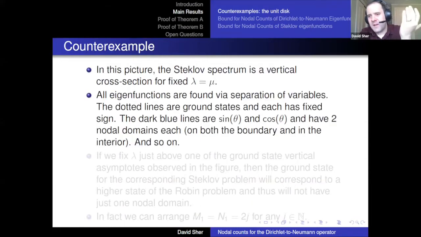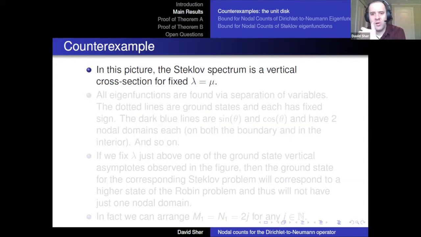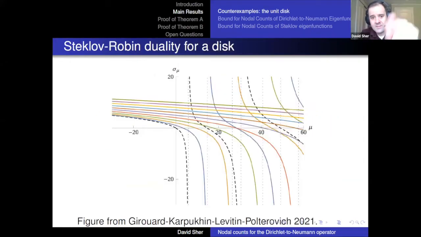The eigenfunctions, there's nothing fancy about computing these. It's Bessel function stuff. You find these by separation of variables, and let's think about what they look like. The dotted lines are ground states, and each of them is going to have a fixed sign on the boundary. But the neighboring blue lines are going to be sine and cosine of theta, and they're going to have 2 nodal domains each.